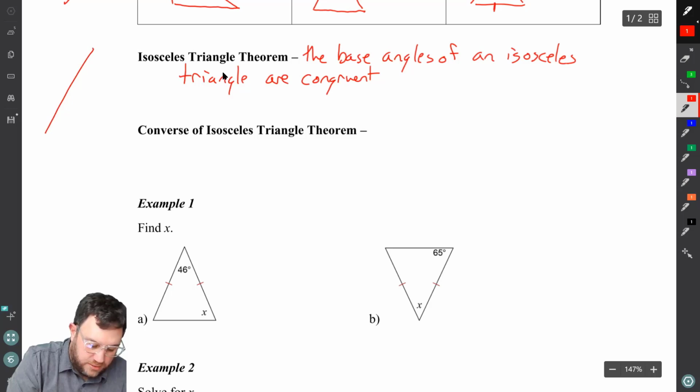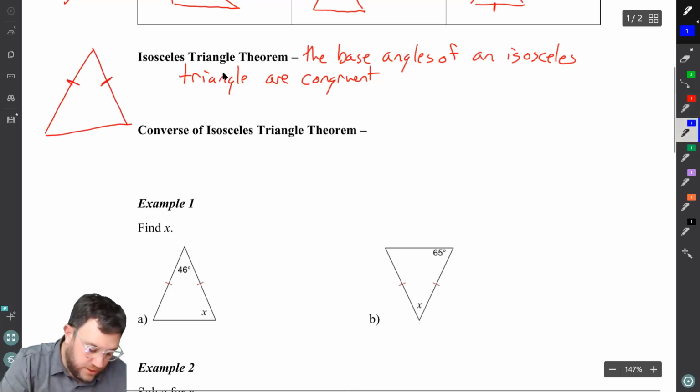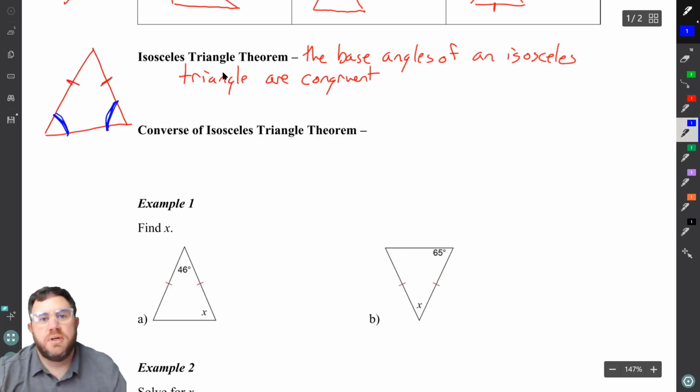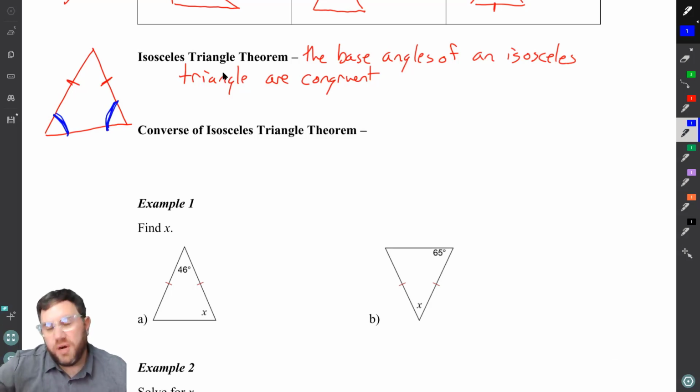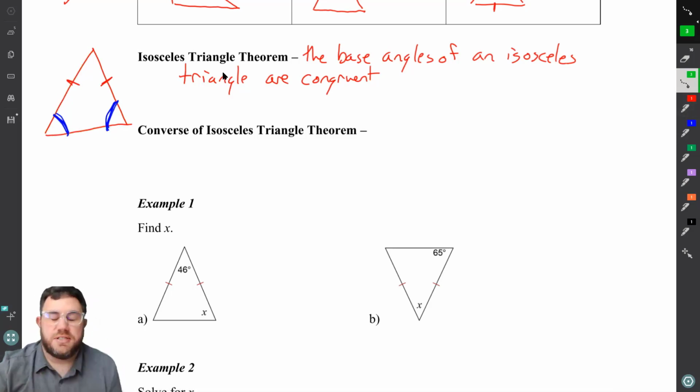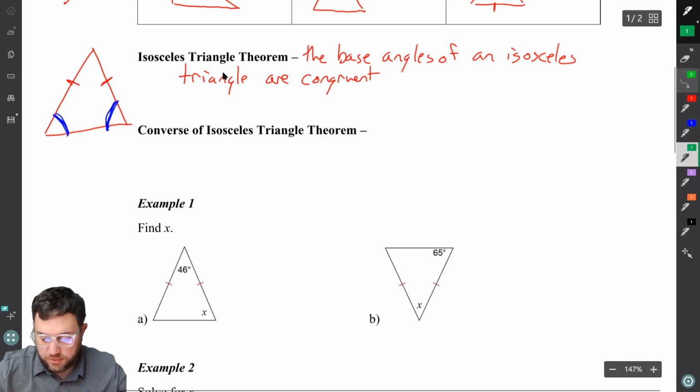So if we've got this isosceles triangle over here, these 2 angles are called the base angles. They're the angles formed by one of the congruent sides and the not congruent side. So that bottom side in that picture, this one here, that's not congruent. So these 2 form a base angle, and then these 2 form a base angle. And the isosceles triangle theorem tells us that those base angles are congruent.